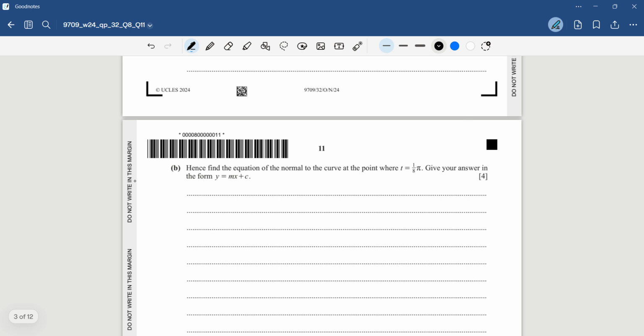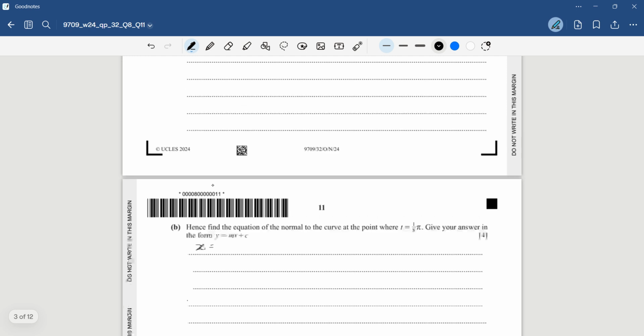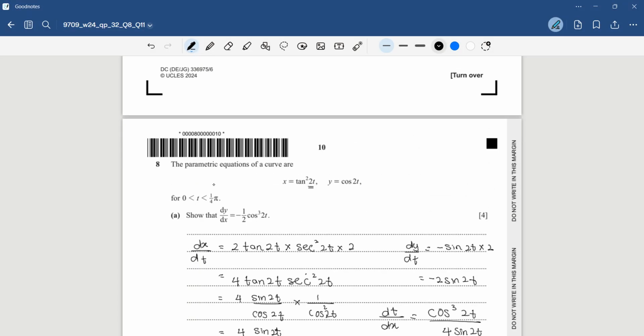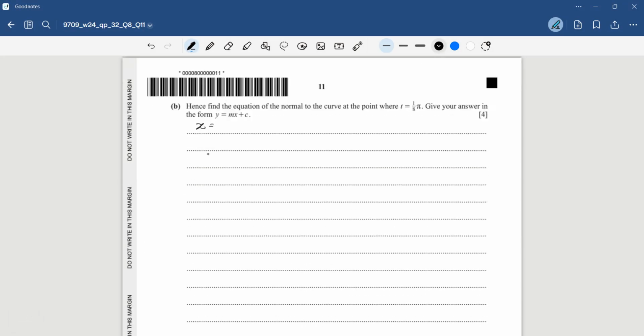So I find the x coordinate first. x is tangent squared 2t, so it will be tangent of 2 times 1/8 pi, squared.